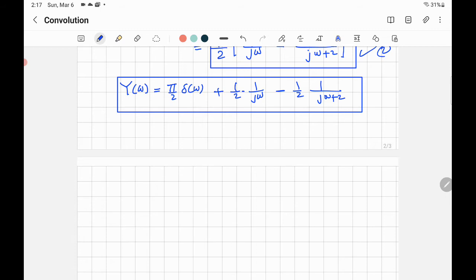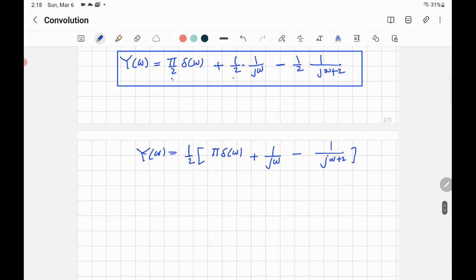You look for the table there. You can take 1/2 as a common factor for everything really. So you have pi delta omega plus 1 over j omega minus 1 over j omega plus 2.